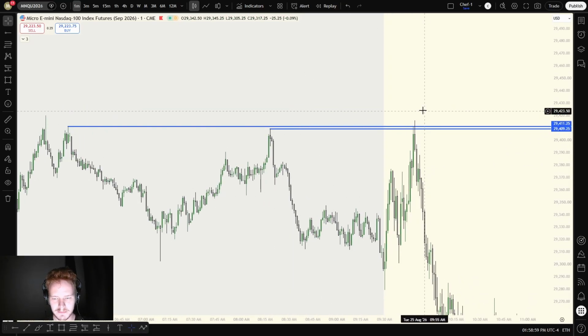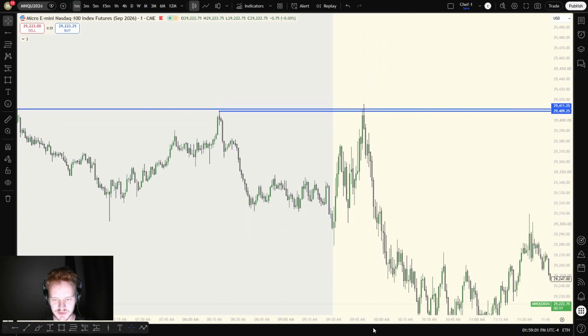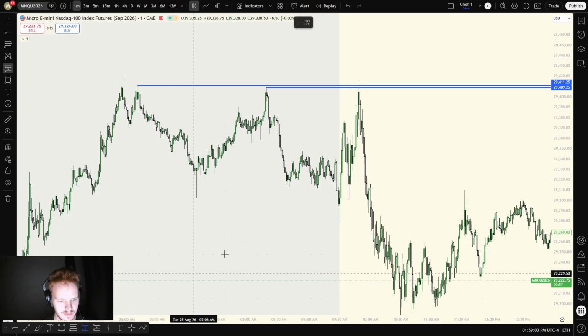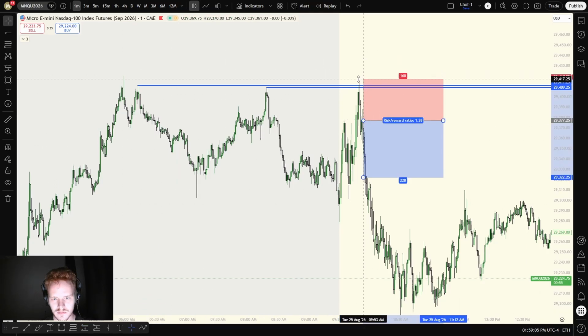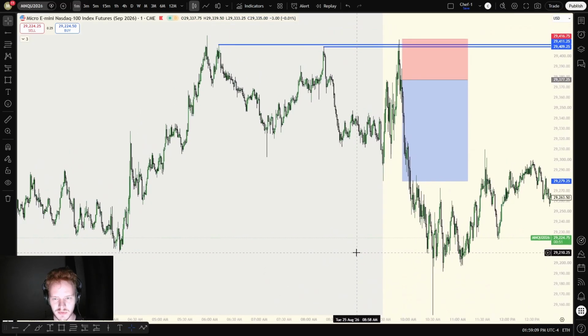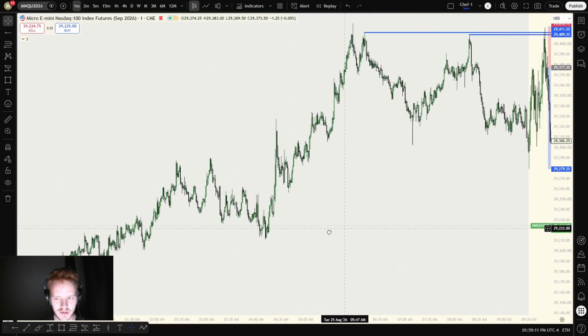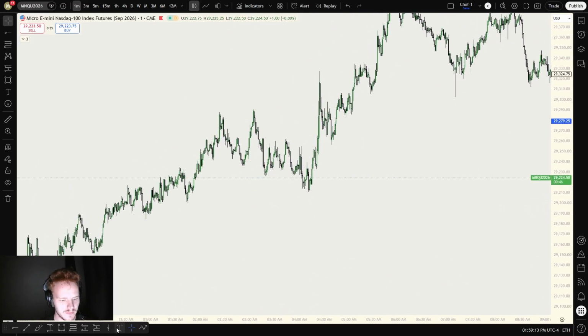Price took this liquidity. Now look at the reaction we had. That's a model. I wanted to short, targeting these lows.